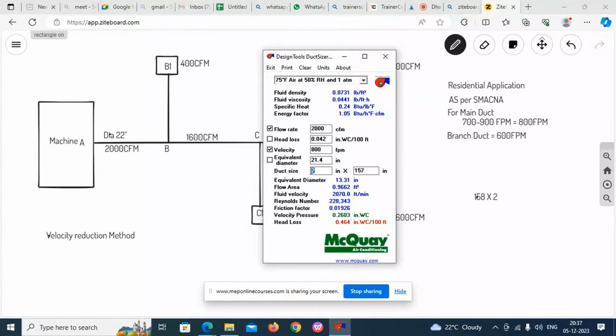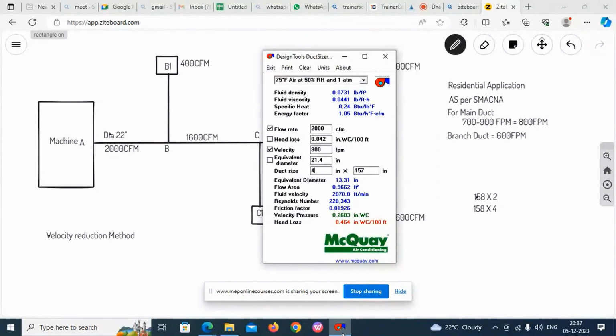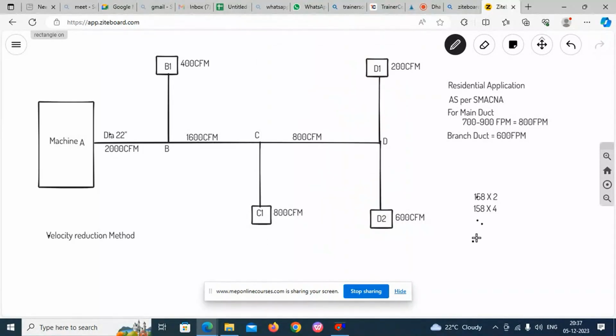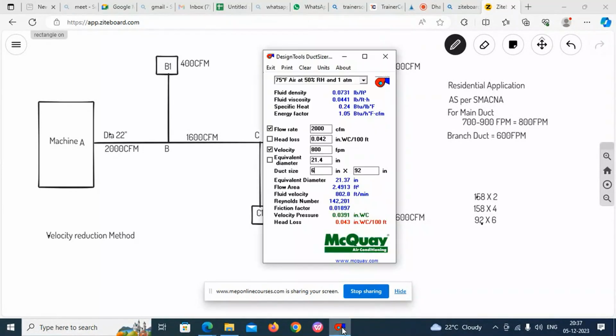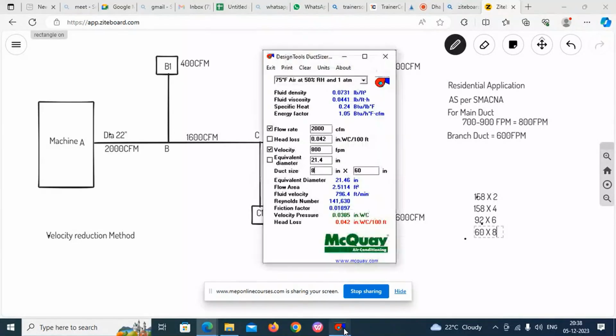Next, I'll go with 4 here. Again 158 we got, so 158 by 4. Again, I'll go with 6. It is 92. So 92 by 6. Then 8: 60 by 8. Then 10: 43.